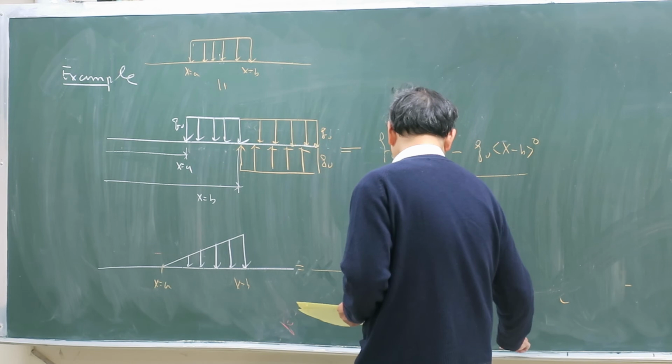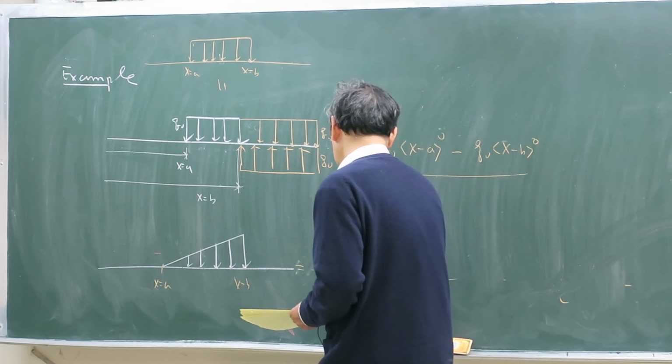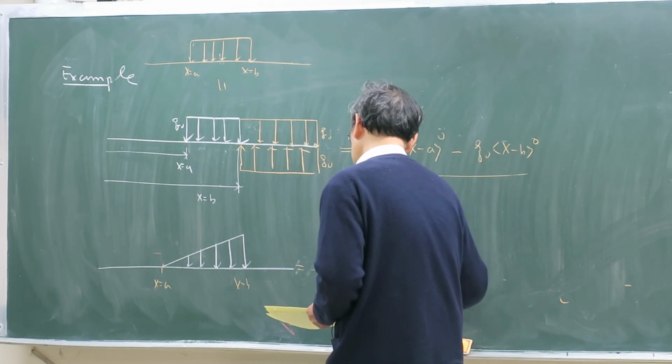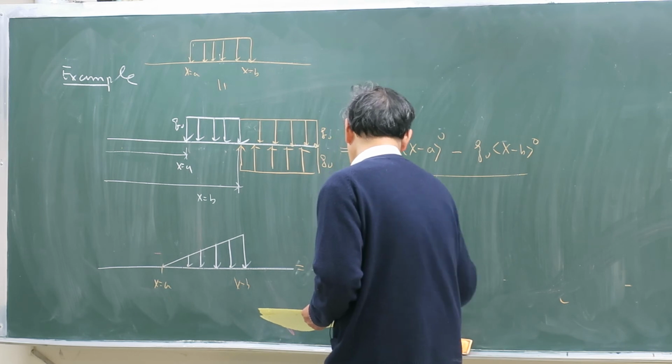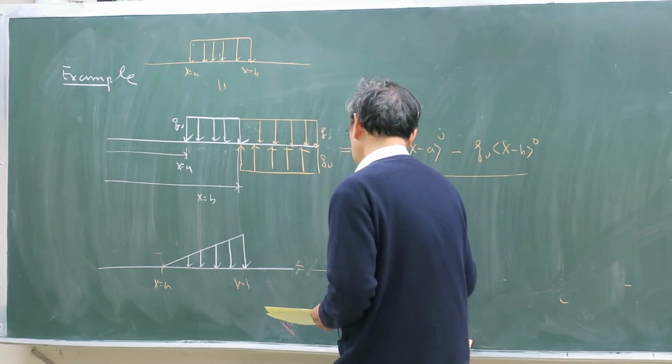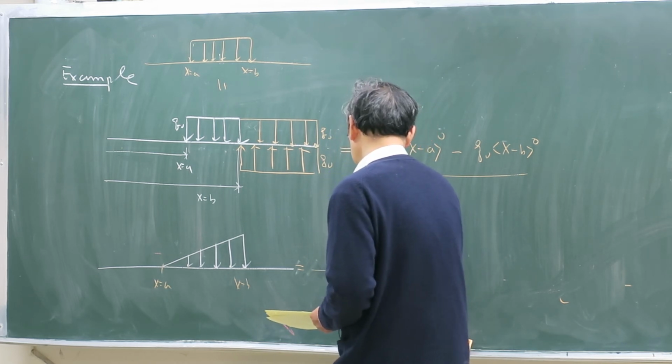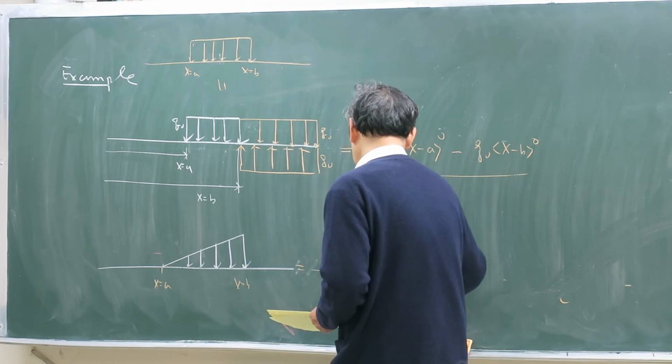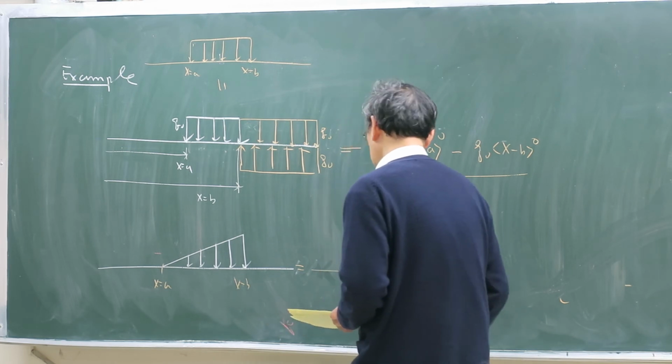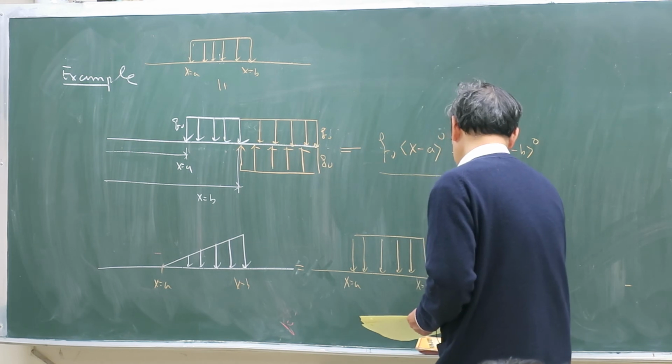So the first thing we can write down is x equal to a, x equal to b, this one, and subtract.